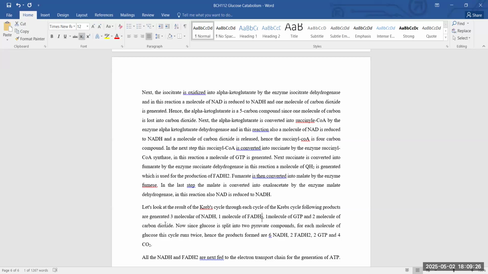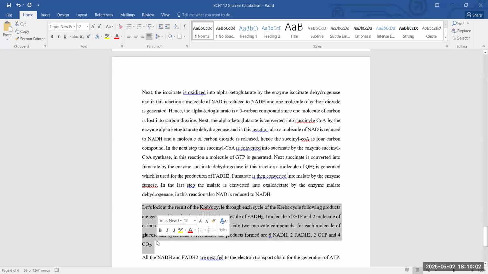Now, since glucose is split into 2 pyruvate compounds, for each molecule of glucose, this cycle runs twice. Hence, the products formed are times 2 of each. The 3 molecules of NADH times 2 make 6 NADH. 1 molecule of FADH2 times 2 makes 2 molecules. 1 molecule of GTP times 2 means 2 molecules. And 2 molecules of carbon dioxide times 2 is 4 molecules of carbon dioxide. So this paragraph summarizes the TCA cycle. You should understand this paragraph very well.